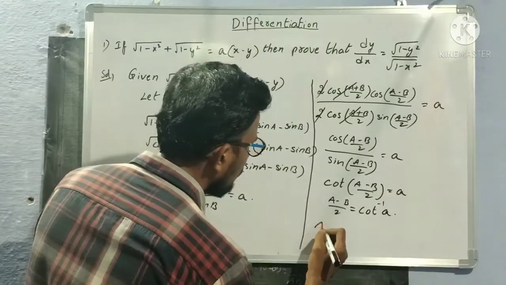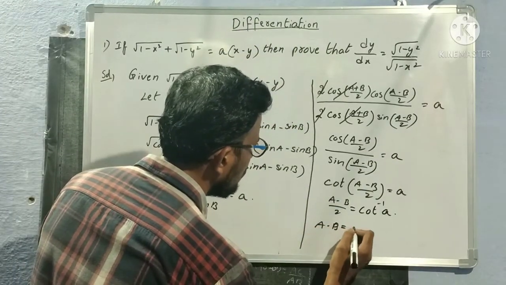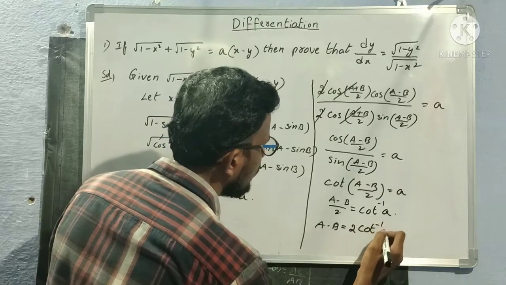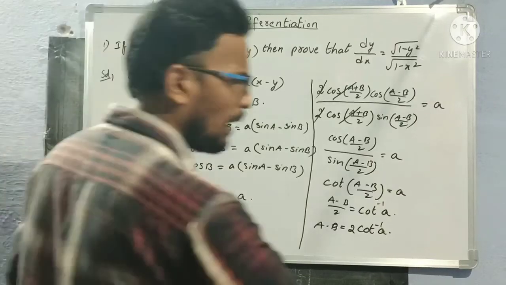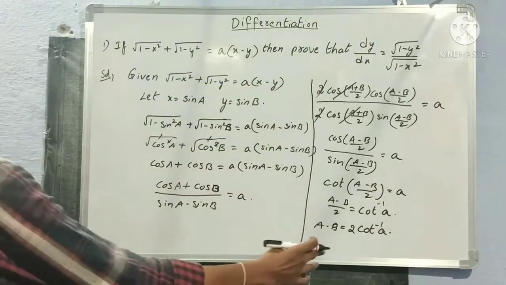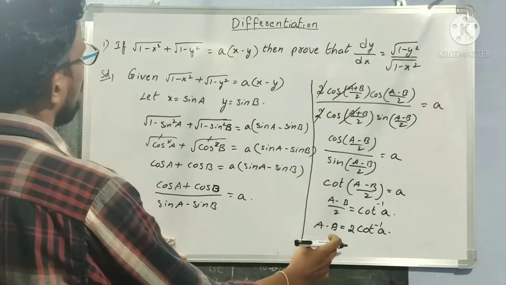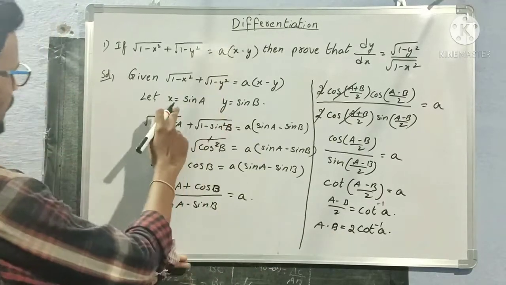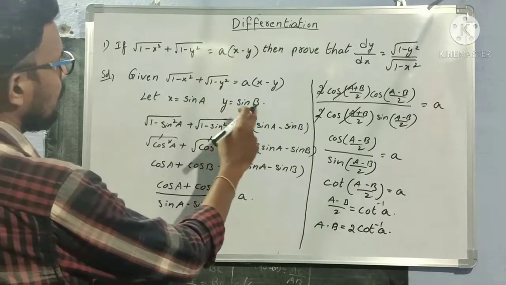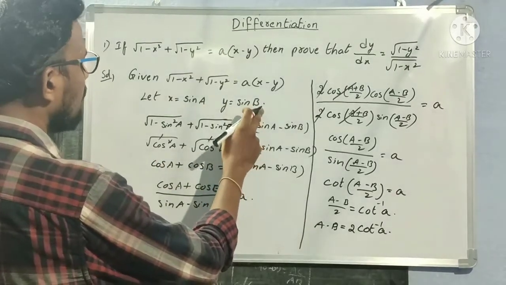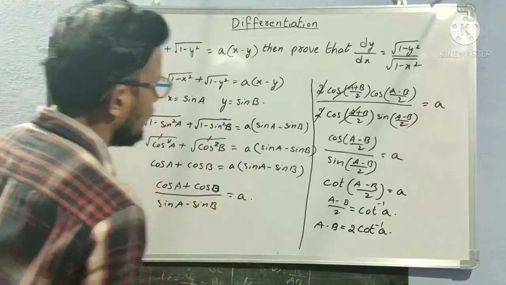So A minus B is equal to 2 cot inverse a. Now we have to substitute for A and B. If x is equal to sin A, then A becomes sin inverse x. y is equal to sin B, then B becomes sin inverse y.